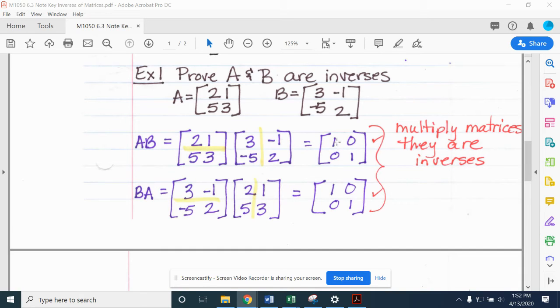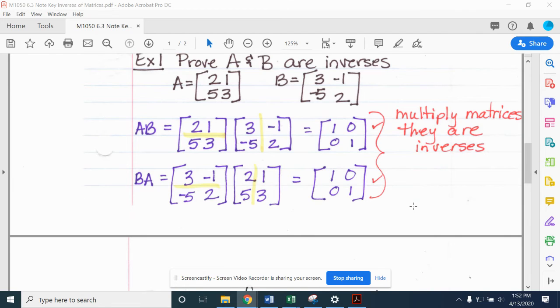So R1, C1 is right here. After you do the math, which you learned how to do at the beginning of this unit, you would get an identity matrix for the first one. Then going backwards, I got the same thing. I ended up with its identity matrix again. And because they both multiply out and are identities, they are inverses.